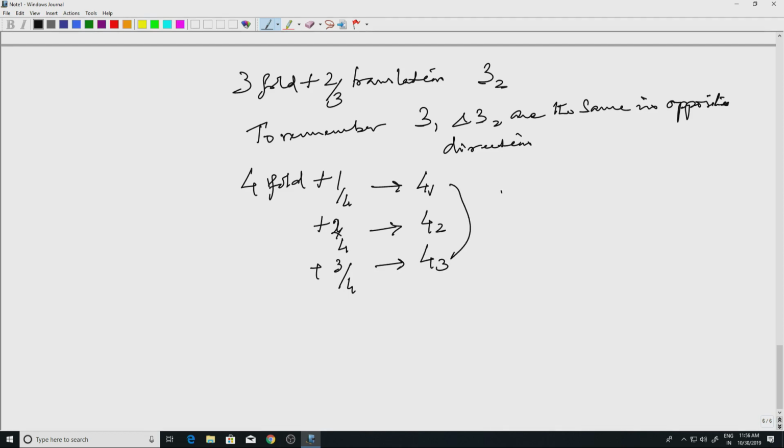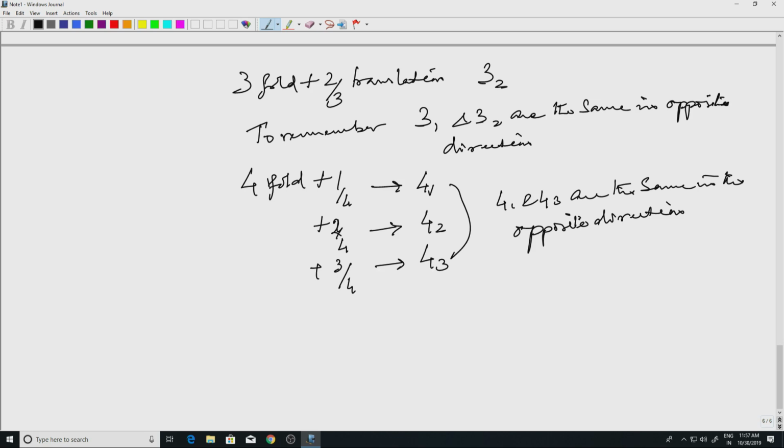Again 4/1 and 4/3 are the same in the opposite direction.